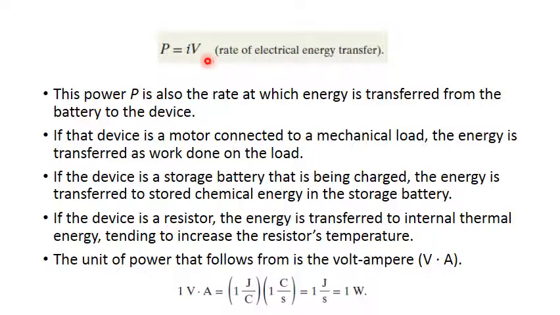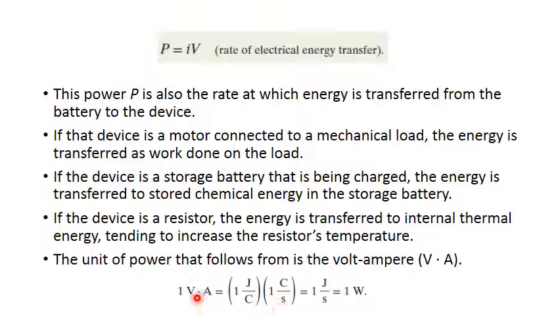The unit of the power is the unit of volt multiplied by the unit of ampere. The unit of the volt is joule per coulomb. If you remember this, joule per coulomb, energy per charge. And the unit of the current is coulomb per second.